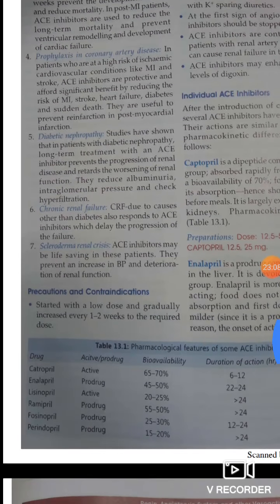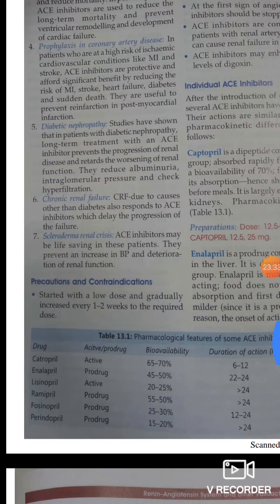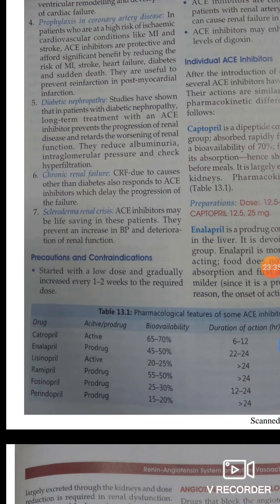Then prophylaxis in coronary artery disease. For patients who are at high risk of developing coronary artery disease, like myocardial infarction, stroke, angina, these ACE inhibitors act as protective agents and reduce the risk of myocardial infarction, stroke, heart failure, and sudden death, right?